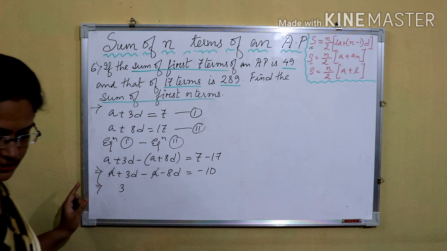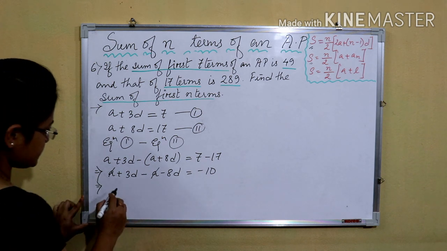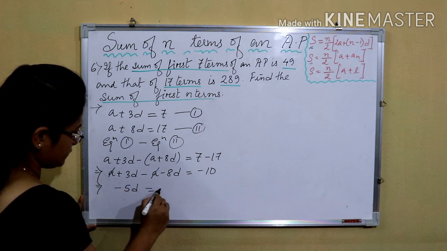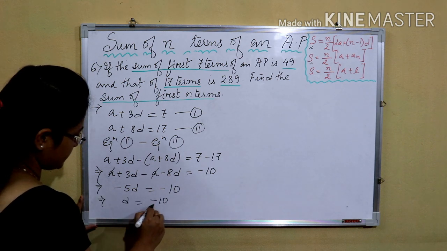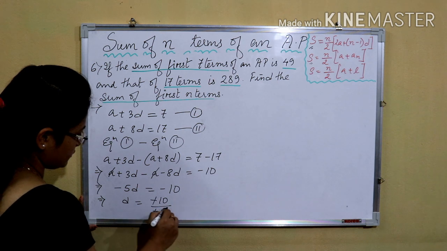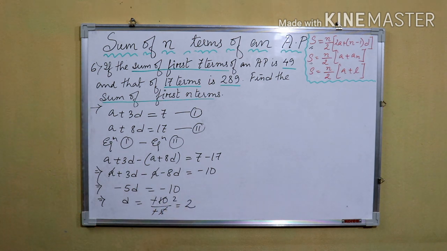So 3d minus 8d will get minus 5d equal to minus 10. So d will be equal to minus 10 by minus 5. 5 2s are 10. So d we got 2.